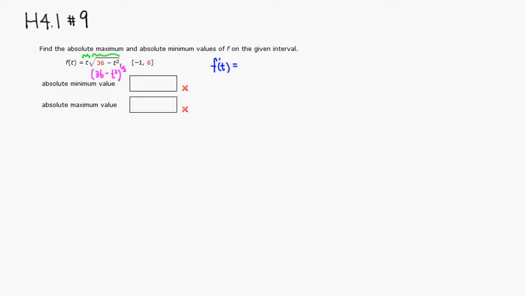The derivative of the first guy is 1 times the second guy, so it's 36 minus t squared raised to the 1/2 power, plus the first guy is t, and the derivative of the second is to put 1/2 in front, keep the inside function as it is, subtract 1 from the power, then multiply by the derivative inside, so it's negative 2t. Then we need to clean up a little bit.